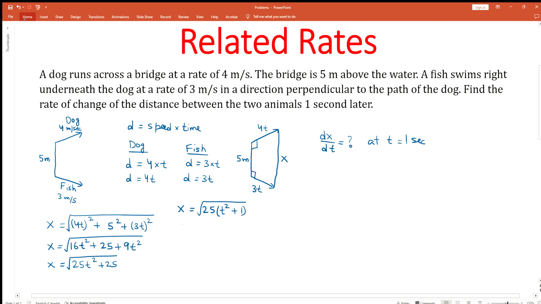The square root of 25 is equal to 5. This is the equation for x. We have to find dx over dt, so we have to find the derivative of this equation with respect to t. For that, we should change the square root to the rational exponent 1 over 2.